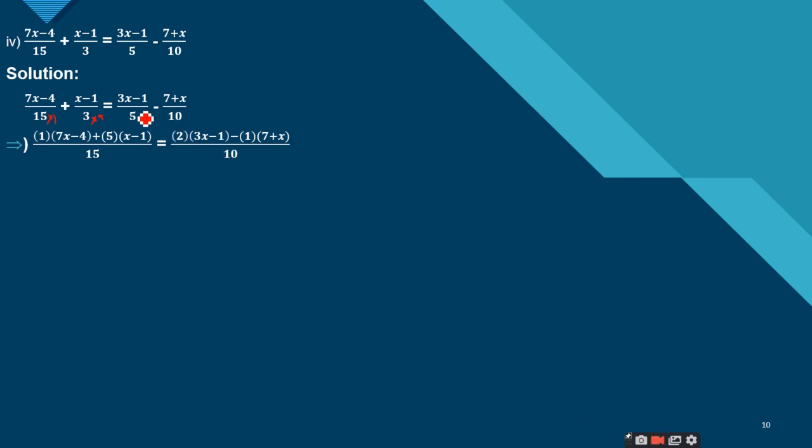So we multiply 5 by 2 and 10 by 1 to get the answer of the LCM. Now we have to multiply the numerators by these numbers. So 1 multiplied by 7x minus 4 plus 5 multiplied by x minus 1. Similarly, on the right hand side, 2 multiplied by 3x minus 1 and 1 multiplied by 7 plus x.